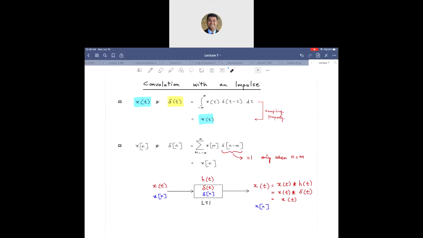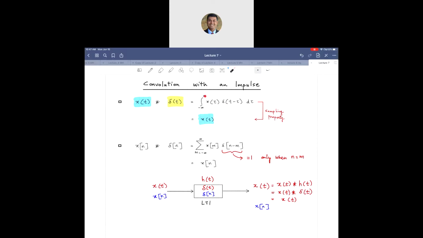All right, let's see here. Okay, so we talked about the impulse response, x of n convolved with it. So that's convolution with an impulse. You get back the same thing, as simple as that. You're absolutely right. We will never have a situation over here where the delta function is not included in the integration.